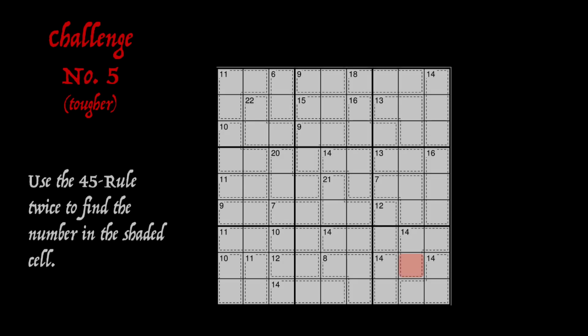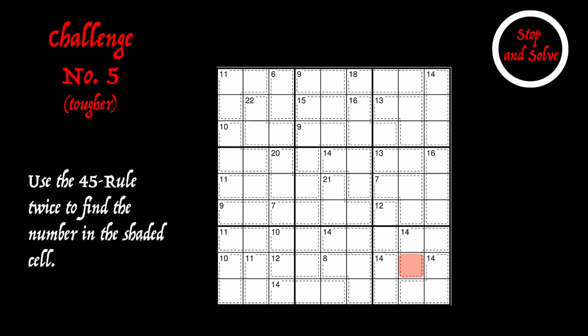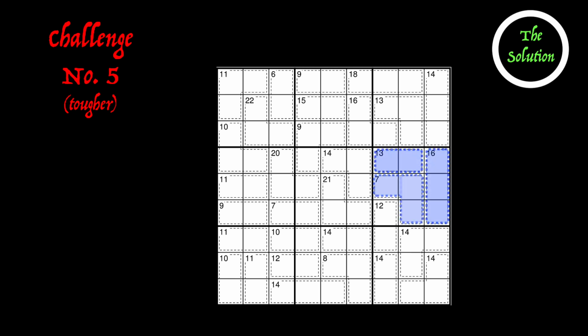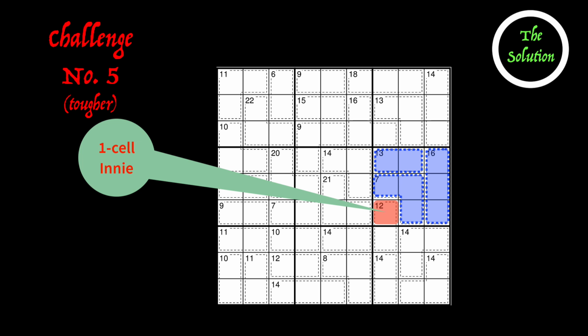So finally on to challenge 5, a slightly tougher challenge. So first off, let's examine the block on the right hand side that's indicated there, and its cage structure immediately shows that there's a one cell Innie.